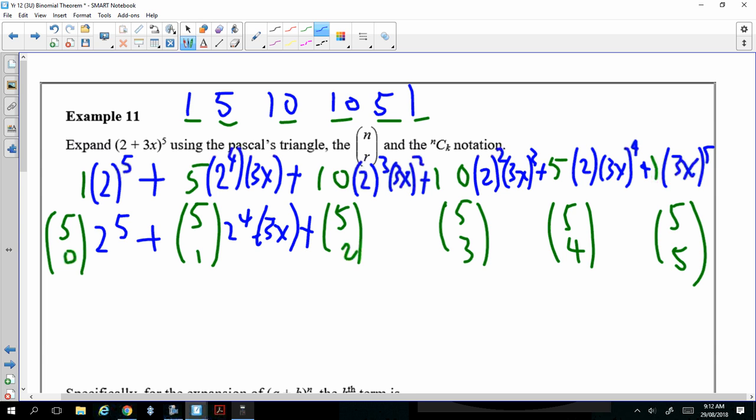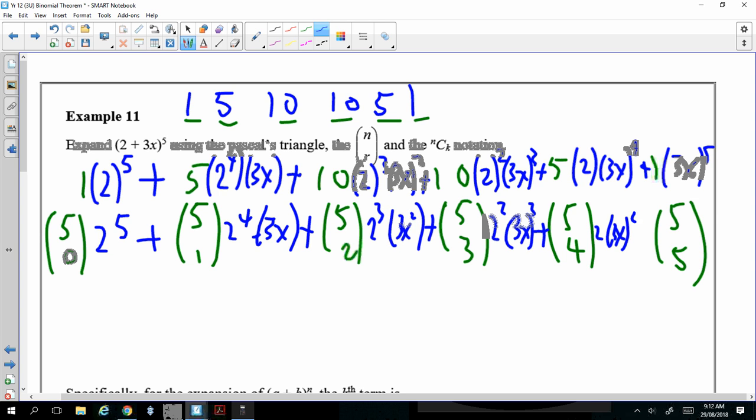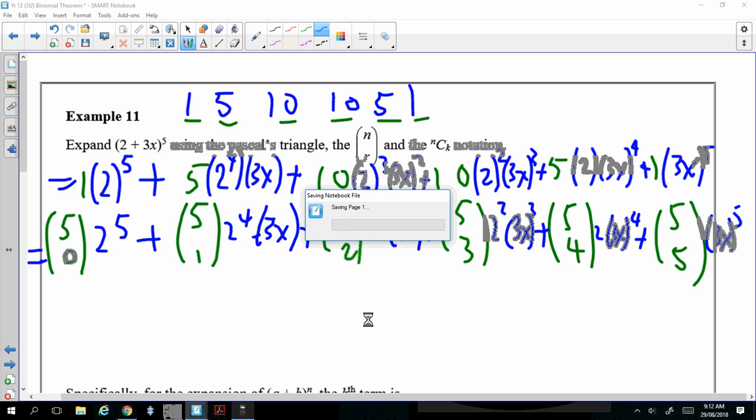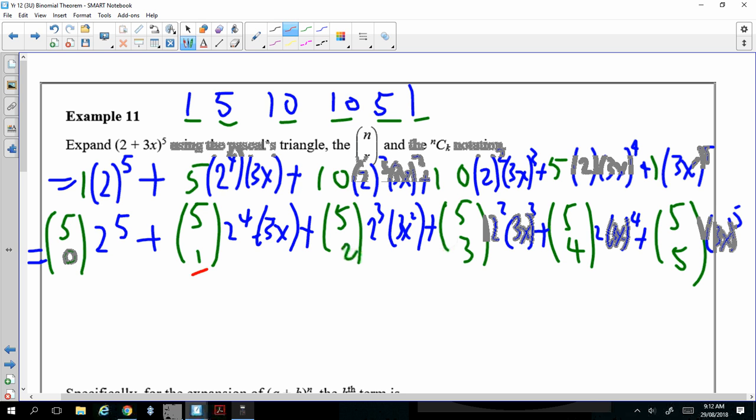So writing exactly the same thing, except you replace the coefficient by the notation. Alright, okay, good. So that's what I wanted to do at this point. Just write it there and see if you can make any connection between the numbers here and the numbers there. Okay, any connection.